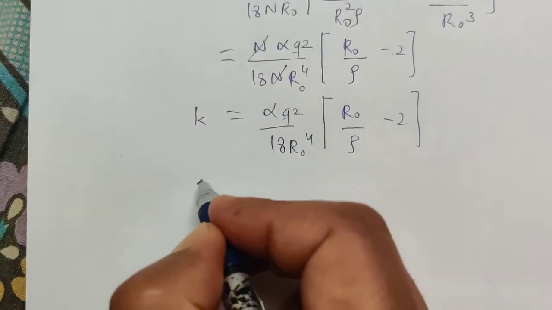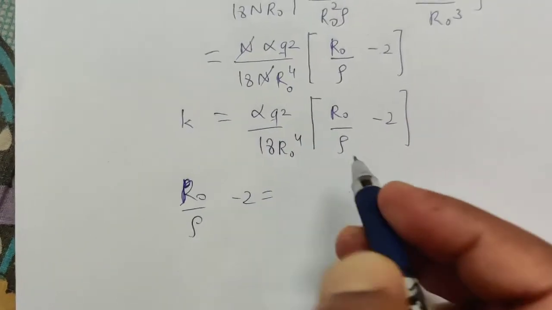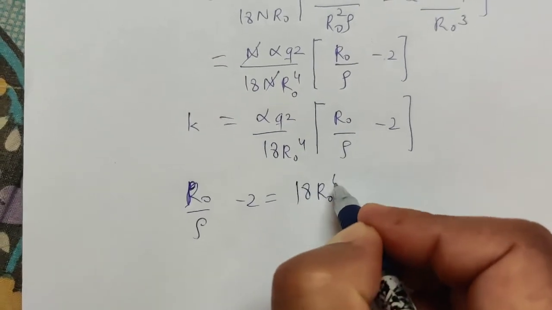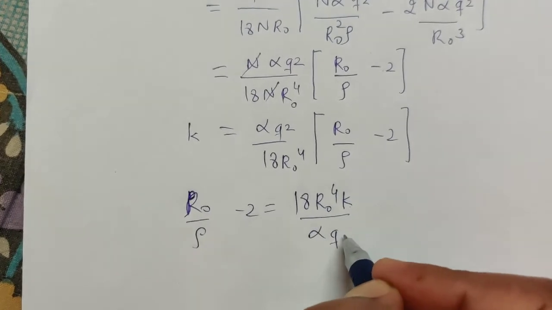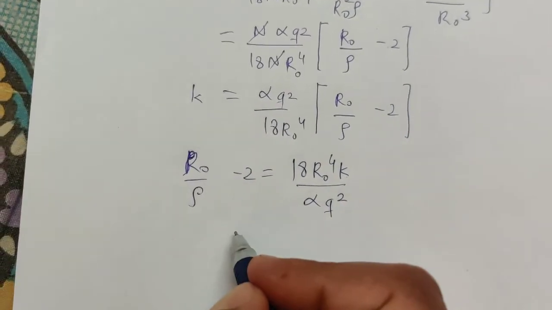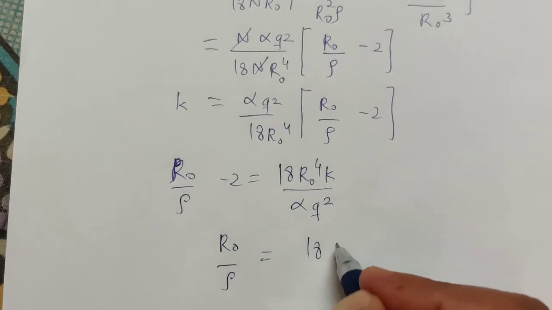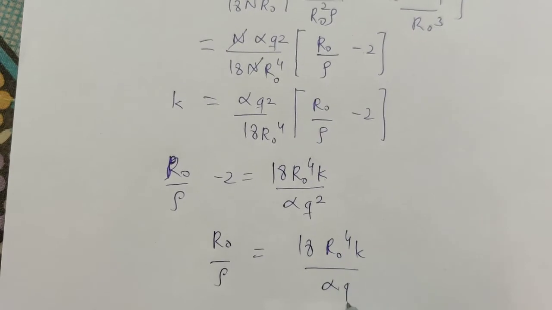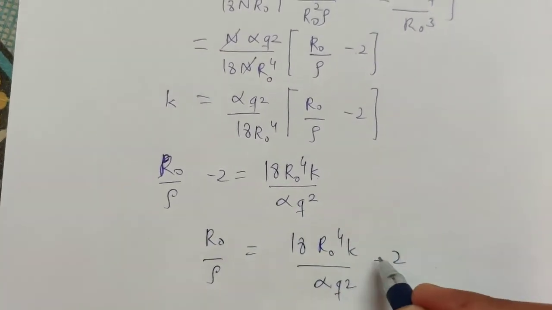So r naught upon rho minus 2 will be 18 r naught to the 4 into k divided by alpha q square, and r naught upon rho will be 18 r naught to the 4 into k divided by alpha q square, and the minus here will be plus.